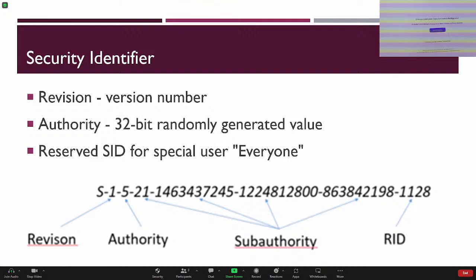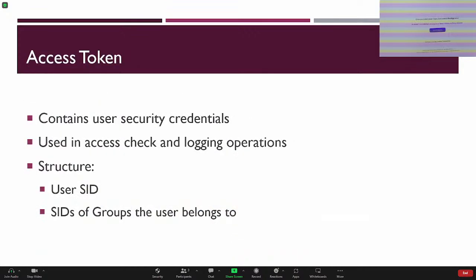The image presents the structure for Windows, but we are interested in the number of the version of the security reference monitor, and the authority, which is a 32-bit randomly generated number that identifies users or groups. Next, the access token has the user security credential and is used in access check and logging operations. The structure, as you can see, is the user security identifier and a list of the security identifiers of the groups the user belongs to.